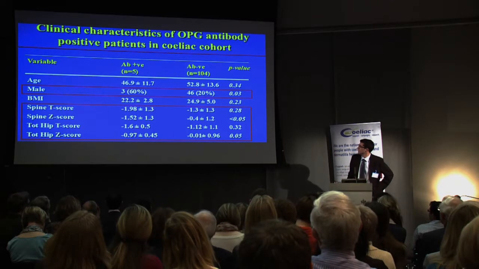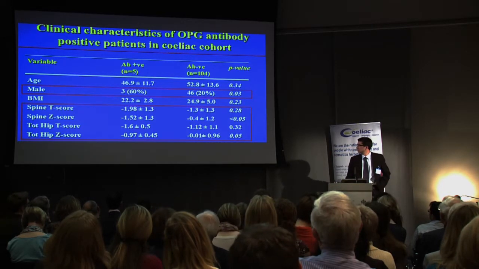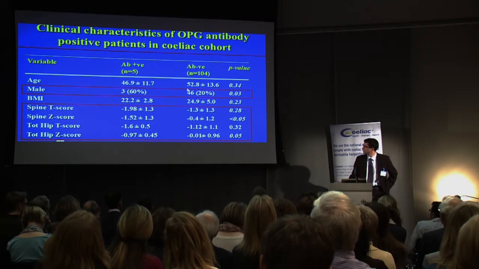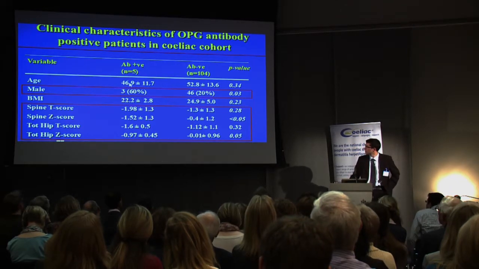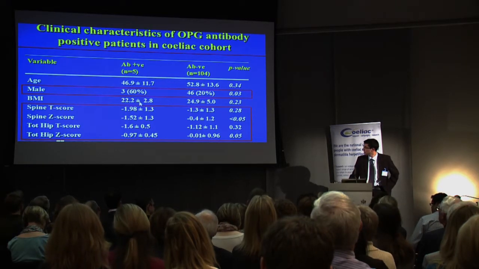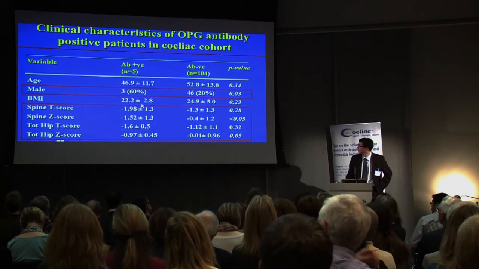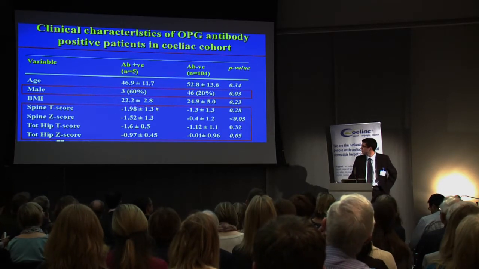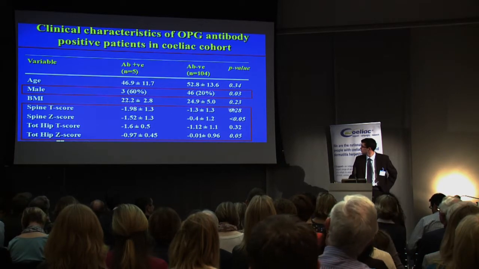And you can do a similar thing, and you can look at what are the clinical characteristics of these patients. They're certainly not confounded by age. If anything, the antibody positive were a little bit younger than the negative. They were a little bit slighter in weight, so that is a confounder. In terms of spine T-score, there's a trend to lower T-score, but it's non-significant.